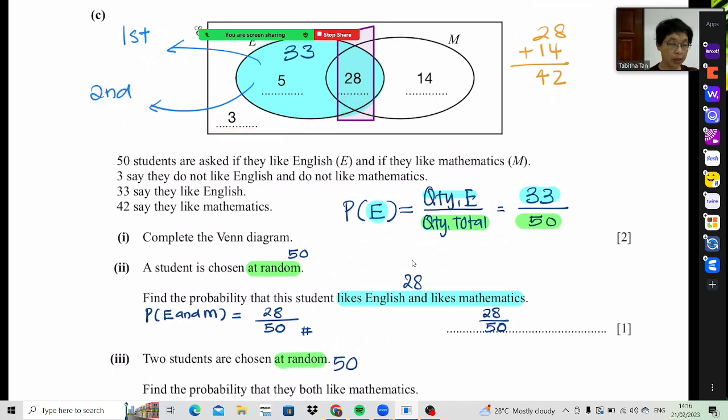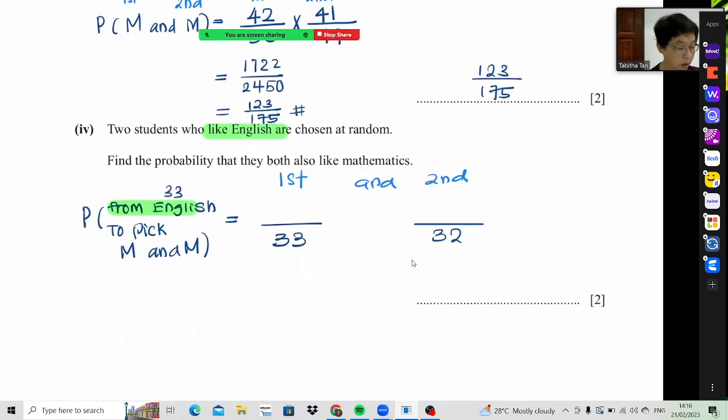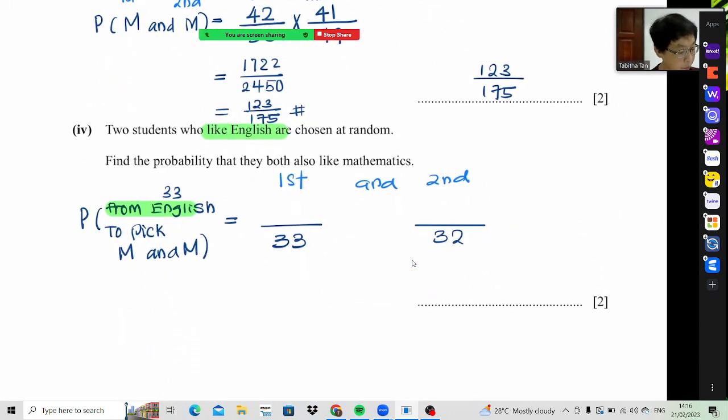Okay, so put that into writing. This is what you get. The first time you got 28, and then the second time, one student less, you got 27. And again, the word and, we just put that with multiply. So you're going to get the first pick and the second pick, right?